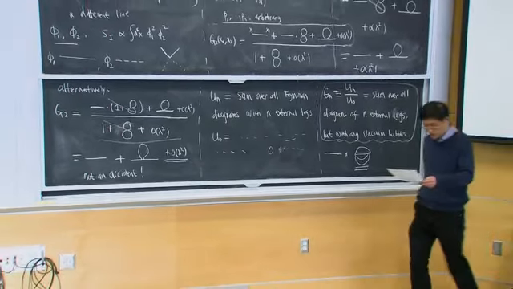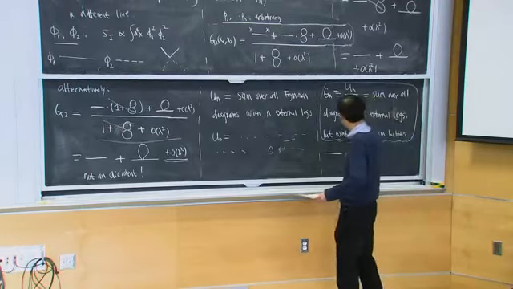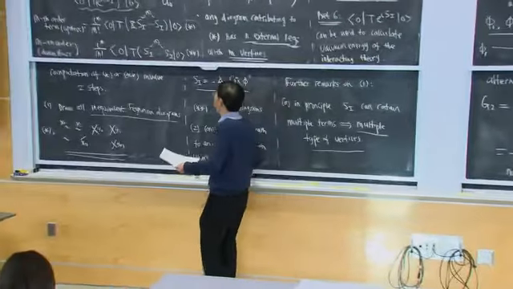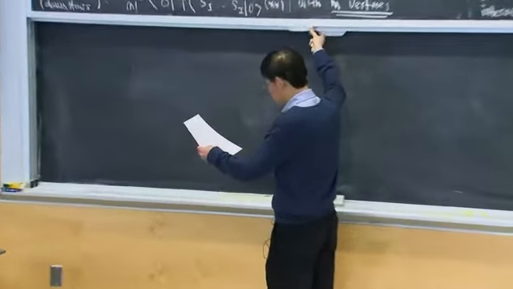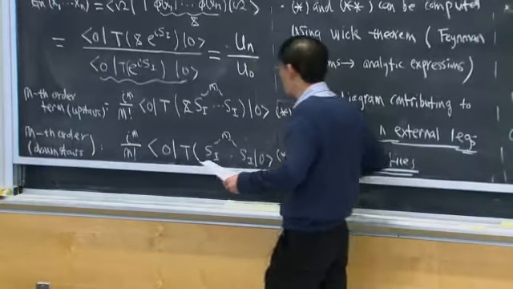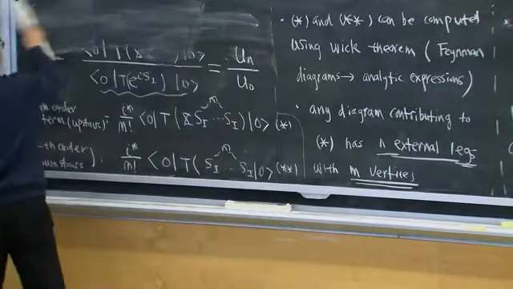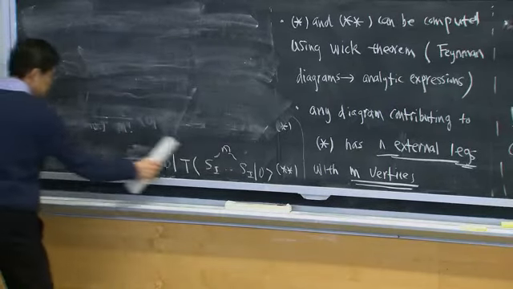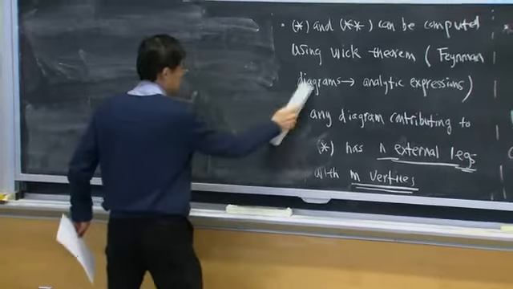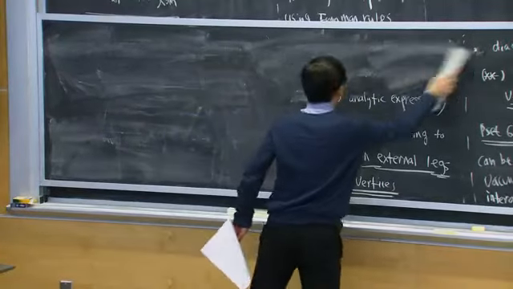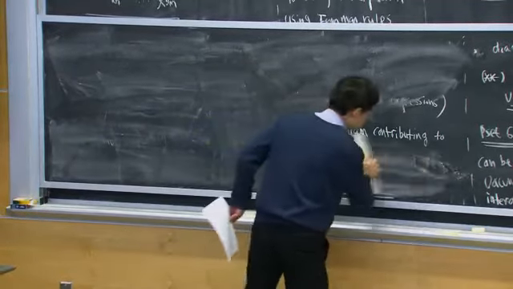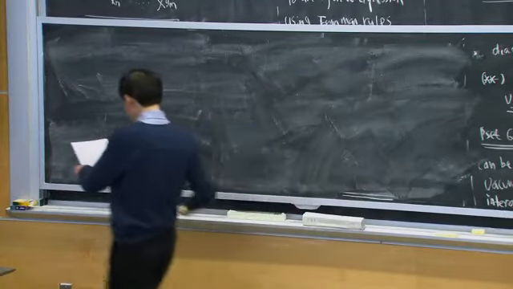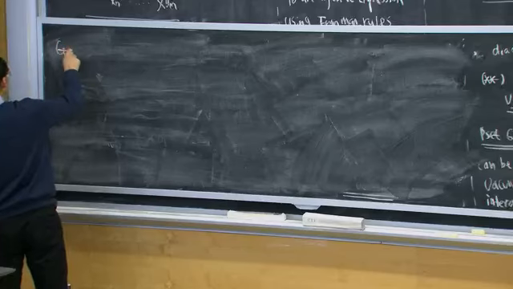Okay, good. So now let's put this in practice. Let me write down the most general diagrams for G2 to lambda squared order.